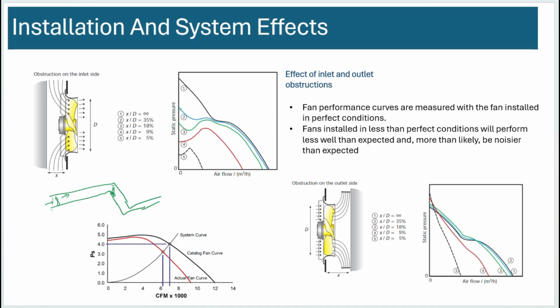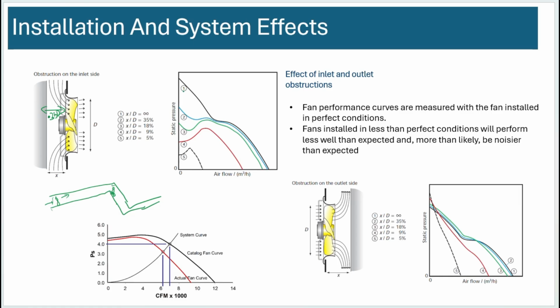If the distance is up to 35%, so if this distance is 0.35D, then it's acceptable.